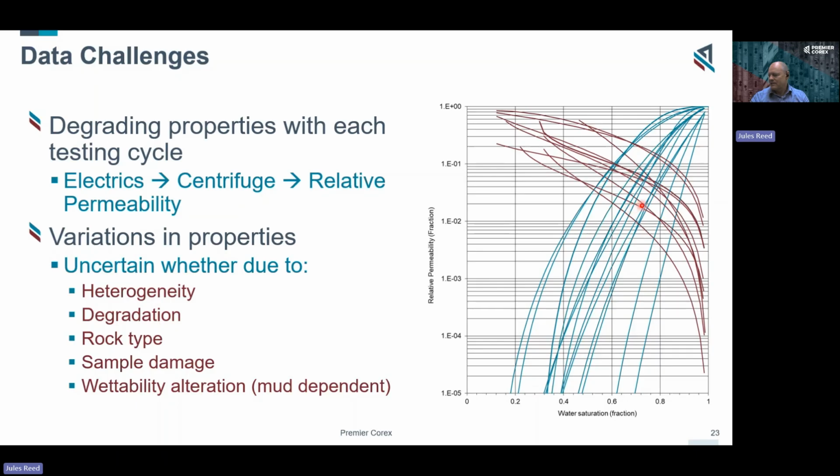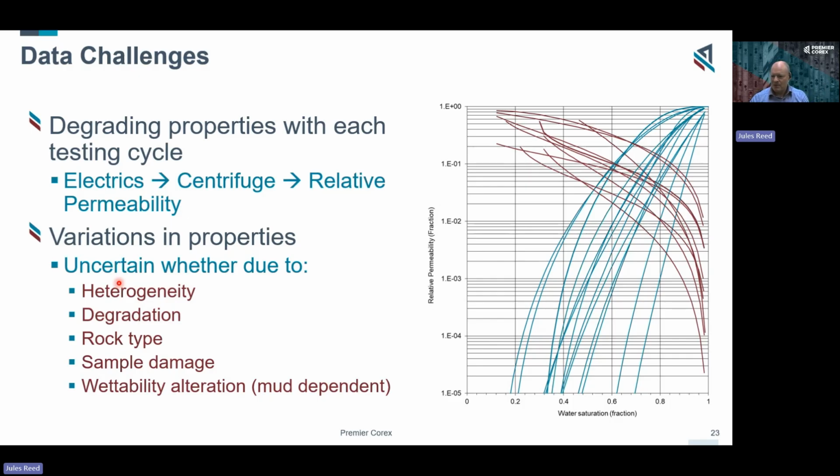And it's difficult to know whether the variation is coming from heterogeneities or degradation, because throughout the program, if a sample is having to be used in electrical properties, then in centrifuge properties, then in relative permeability, in each process it could be degrading because you're applying stress, you're de-applying stress, you're reapplying stress, and so on.